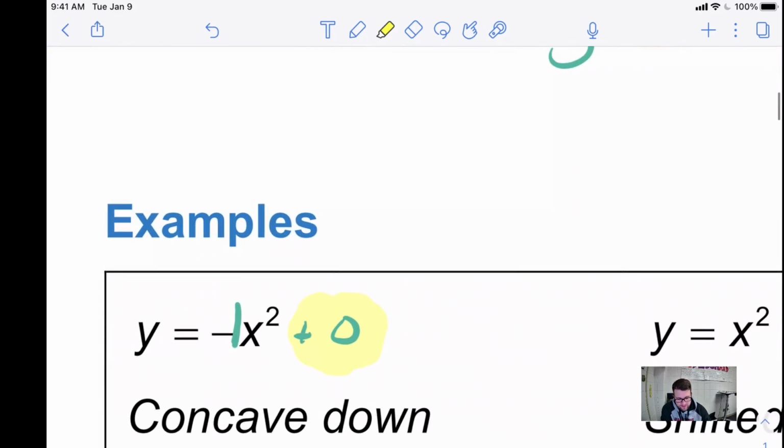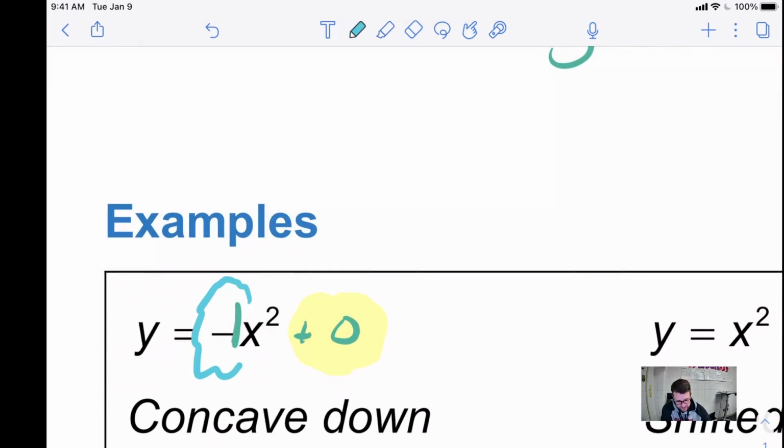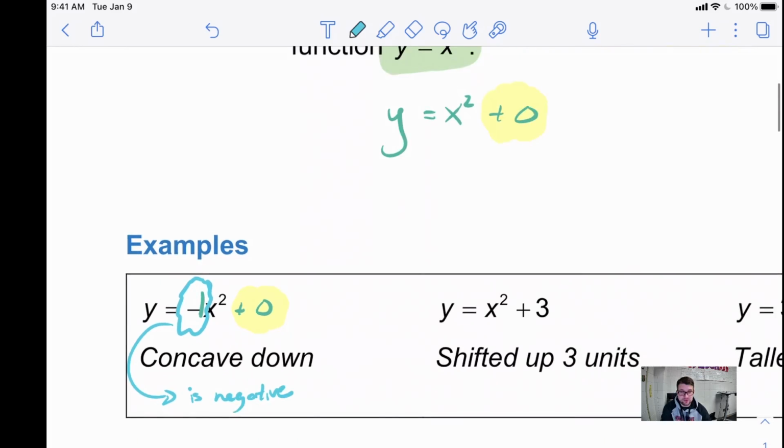But one thing you need to know here is that if the number in front here, if this number is negative, then what that is going to do is that's going to flip your graph upside down, and we are now going to be concave down, right? So if we have a negative in front, that's going to make our graph concave down.